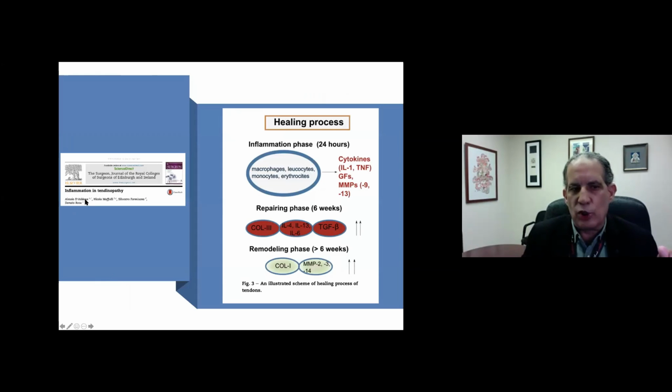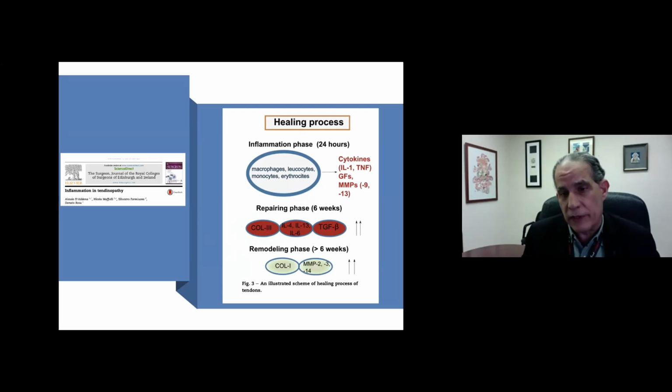The paper by Dadona that I showed before was published in The Surgeon, this journal, in 2017. And this is the basic scheme that they have in mind. The healing process, of course, triggers an inflammatory response with all of the elements of inflammation that you're familiar with. And then that leads to a repair phase. And this is the problem. If the repair phase is not effective and efficient, that's when you get the failed healing response.